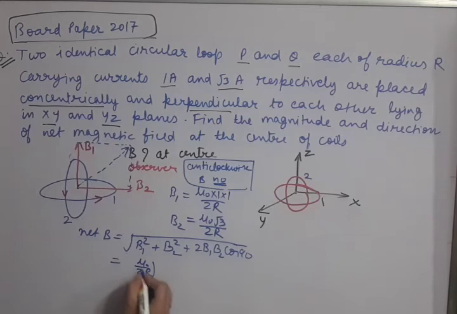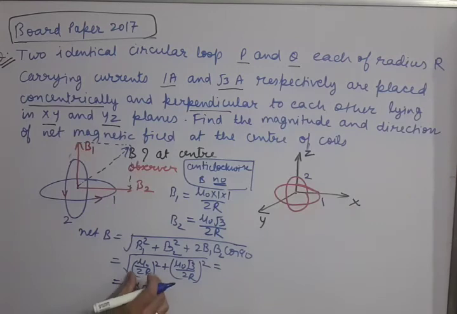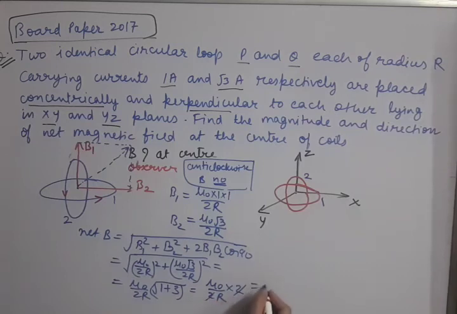So mu 0 upon 2R whole square, and mu 0 root 3 upon 2R whole square. Mu 0 upon 2R is common, so it is taken out of the root. Inside the root, 1 plus 3 remains: 1 from here, 3 from here. 1 plus 3 is 4, and the root of 4 is 2. So the final answer we get is mu 0 upon R.